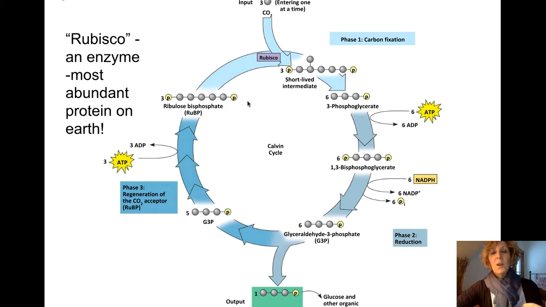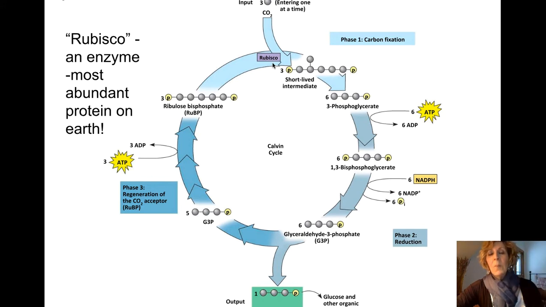Let's start first. A carbon dioxide enters, and the first thing that happens is there is a 5-carbon molecule, 1, 2, 3, 4, 5, called ribulose bisphosphate, or RuBP for short. There is an enzyme that catalyzes this reaction, called rubisco, or ribulose bisphosphate carboxylase.